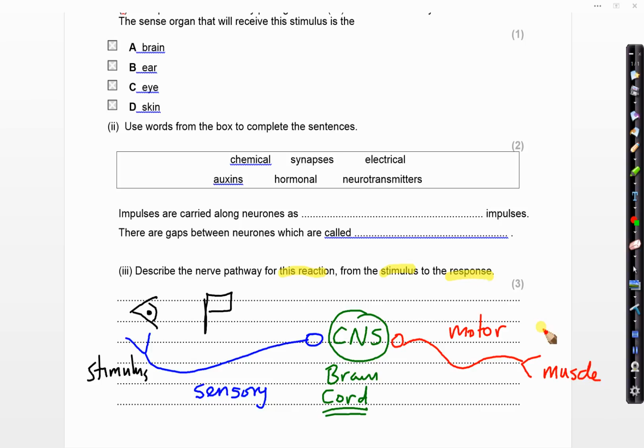Okay, and there is your response. So as you can see, we've gone from the stimulus through the pathway, ending in the response, which is a muscle contracting, moving someone's arm. So if you can describe those elements in the right order, you're going to easily pick up 3 marks.